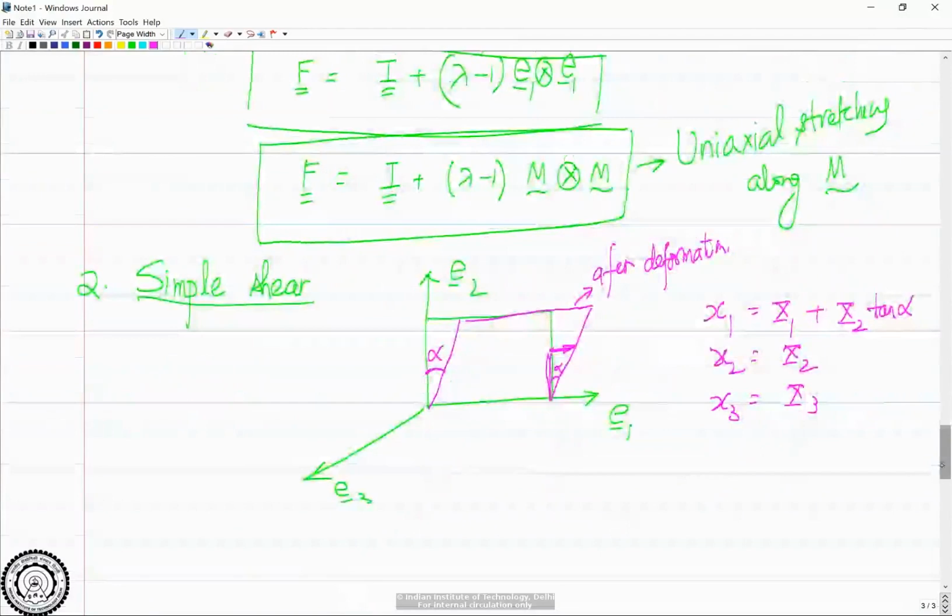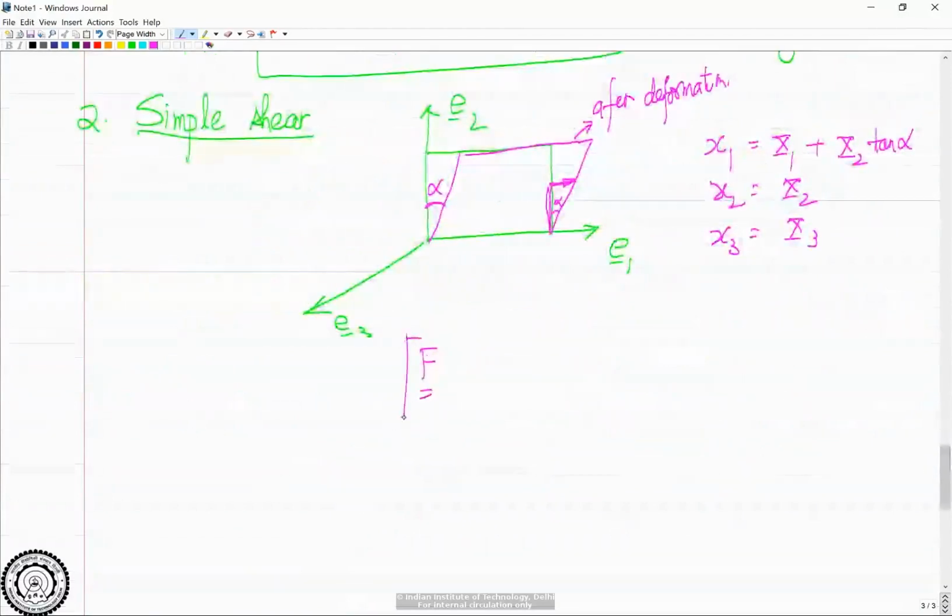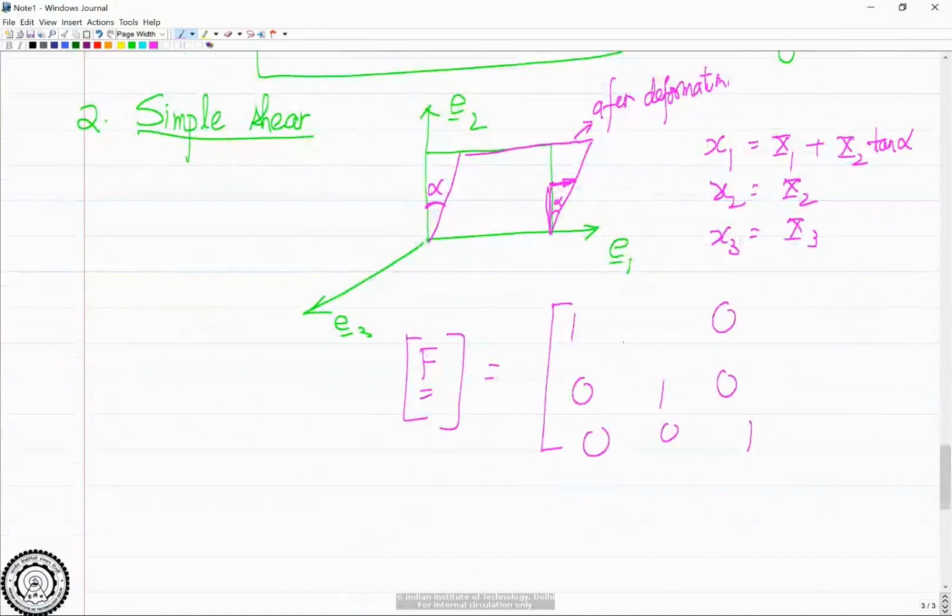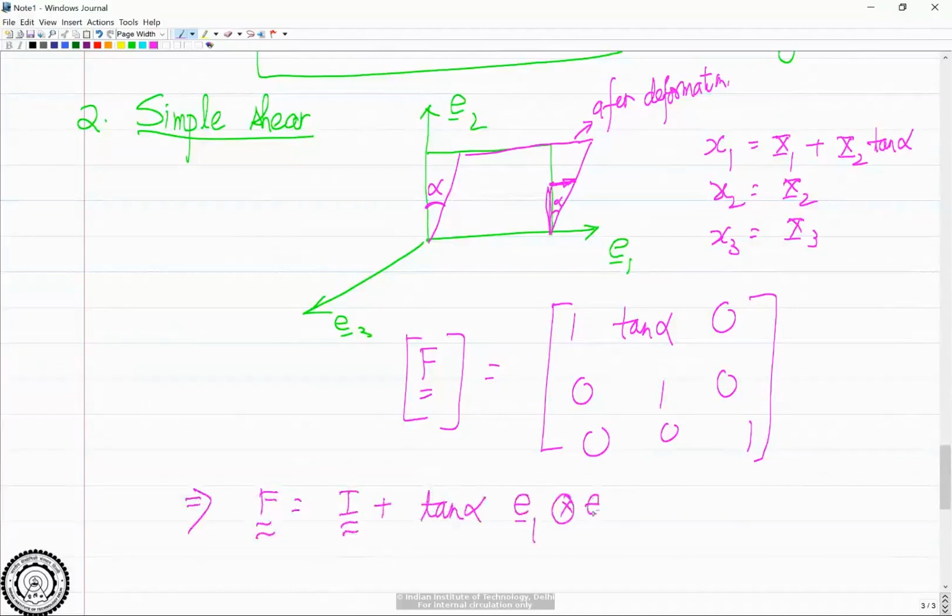Now if you try to find out the deformation gradient matrix, this is going to be 1 1 1 0 0 0 0 0, and here you have tan alpha. Okay, and you can get back to tensor form, and you can say that F is equal to identity plus tan alpha into E1 tensor product E2.